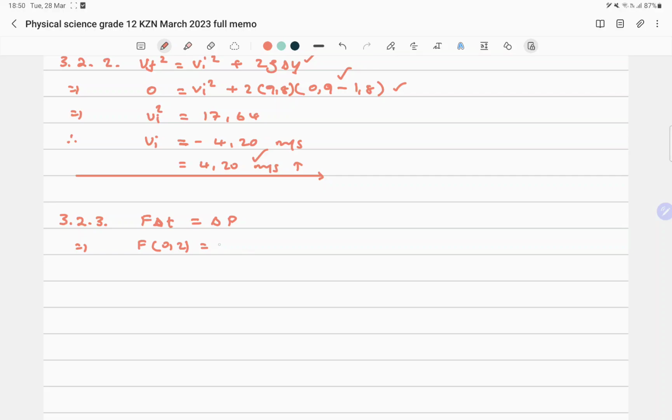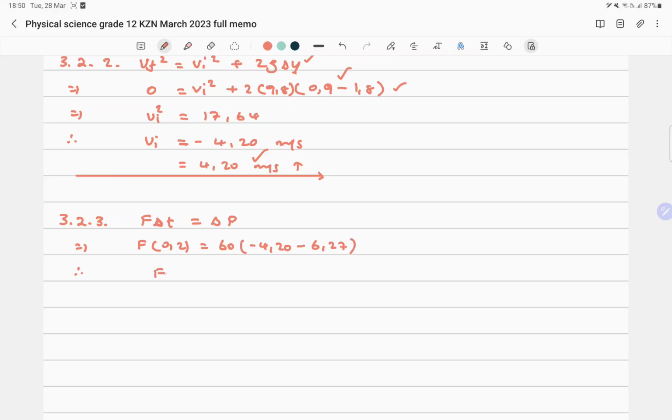The change in momentum is going to be the mass of this object, which is 60, into the final velocity, it's minus 4.20. Remember that was negative because it's directed upward. So when you substitute it, the sign must come back. You're minusing the initial velocity, which is the one that it hit the ground with, which is 6.27.